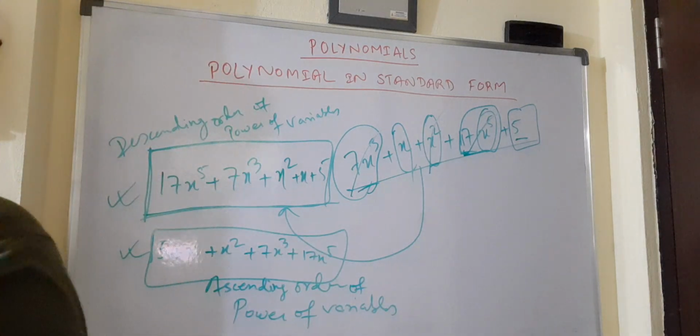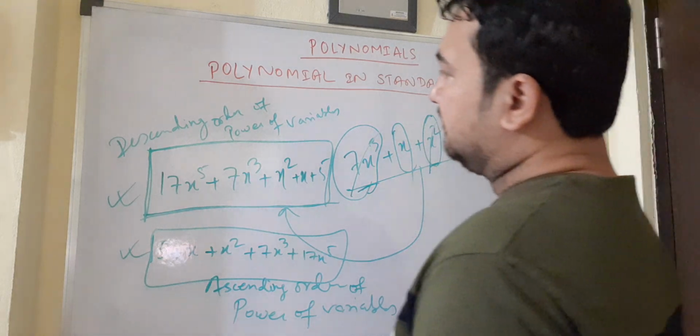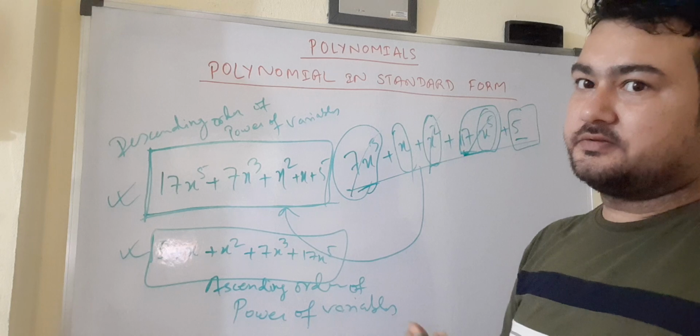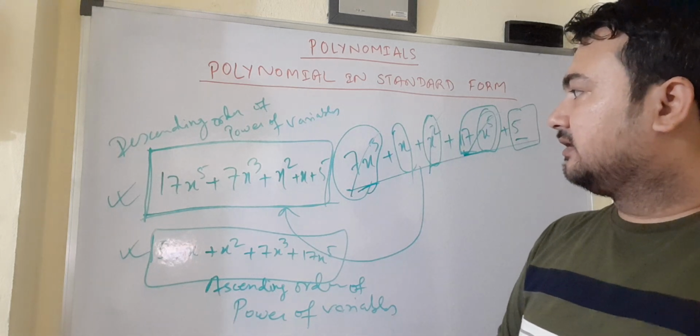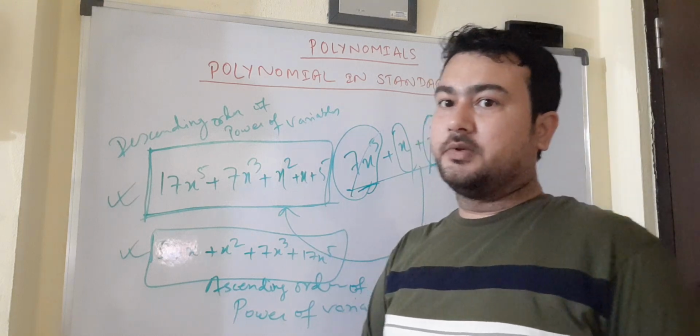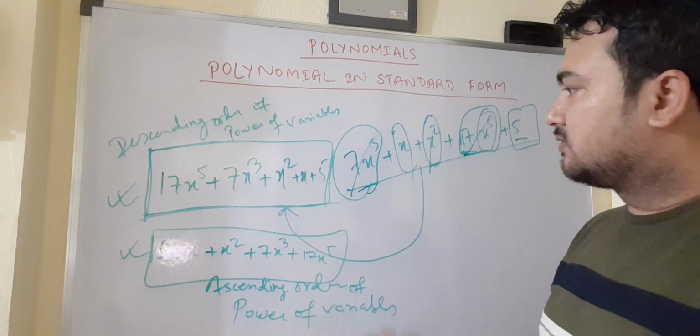Either you arrange it in ascending order of power of variables or in descending order of power of variables, it will be called a polynomial in standard form. This is quite simple.